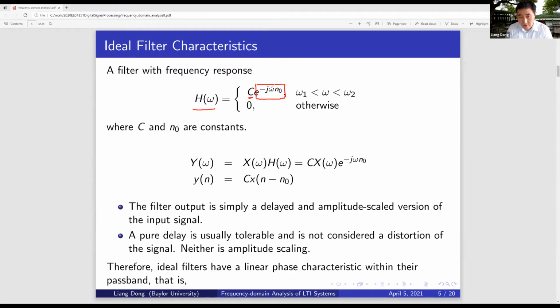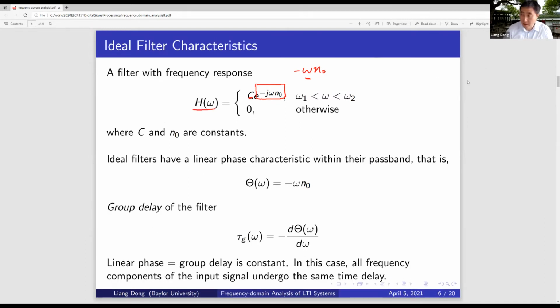If the phase is negative omega n0, a linear function of frequency omega, where n0 is a constant, we use the group delay. Last time we used the group delay to reveal this linearity. The group delay is defined as the negative differential of the phase with respect to omega.